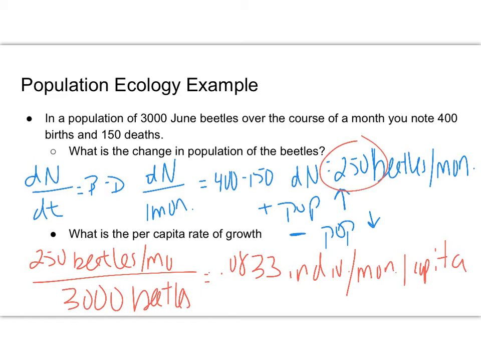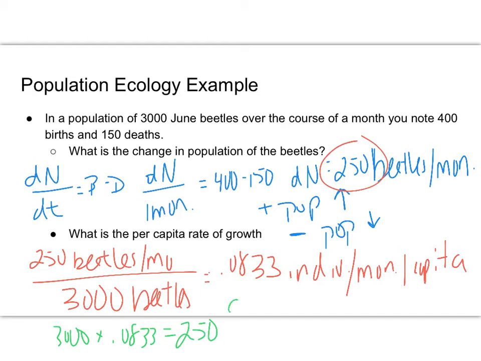So for example, let's say I asked how many beetles would you expect after 2 months? So my first month, if I have this per capita growth rate, I have 3,000 beetles times 0.0833, meaning I'm going to add 250 beetles to my population.